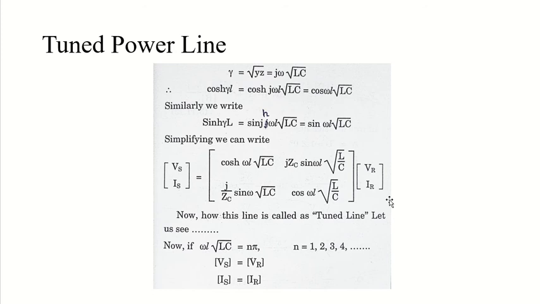So practically such lines do not exist, but if you can tune it real fine, then they can be very economical for our system, right? And for high frequency lines, such as telephone lines, we can adopt such lines.